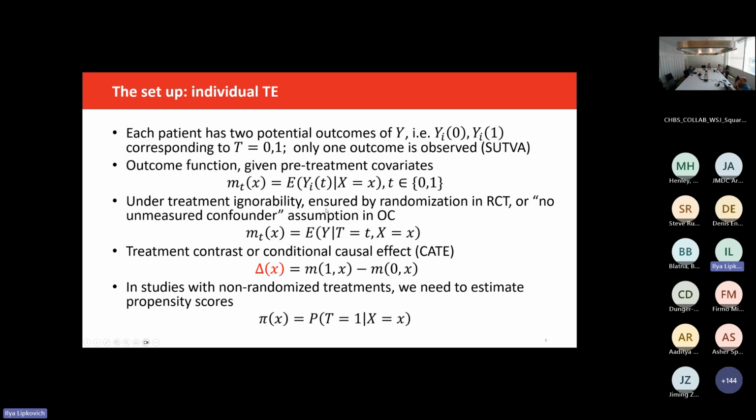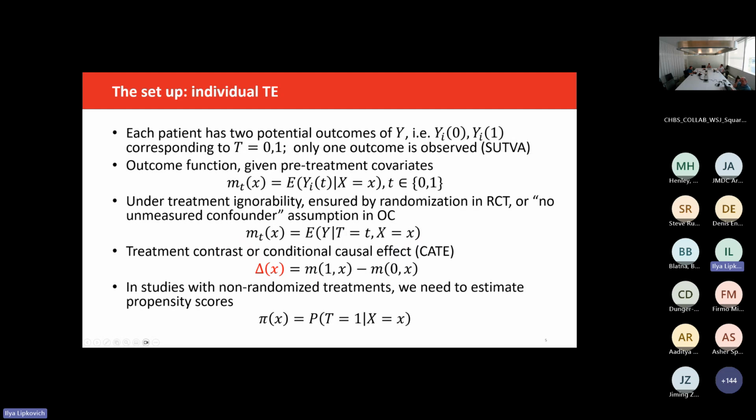And so we hope to estimate this using the conditional average treatment effect, which essentially is the conditional expectation of outcome given treatment and covariates. That can be done, obviously, under the assumption of treatment ignorability, which is trivially satisfied in randomized clinical trials.